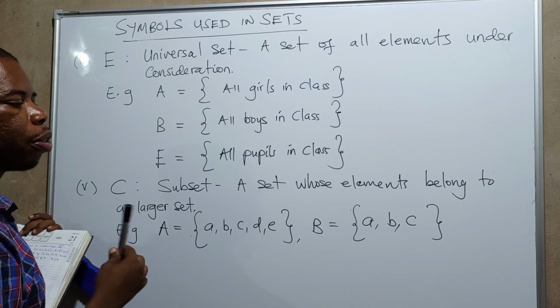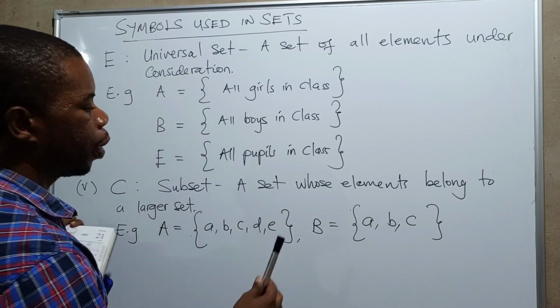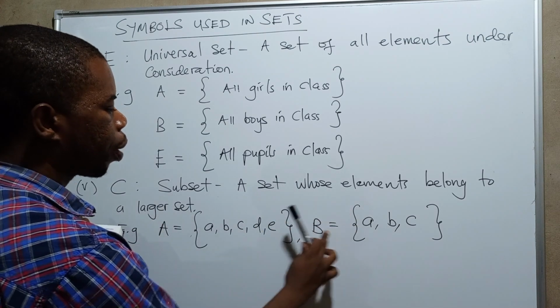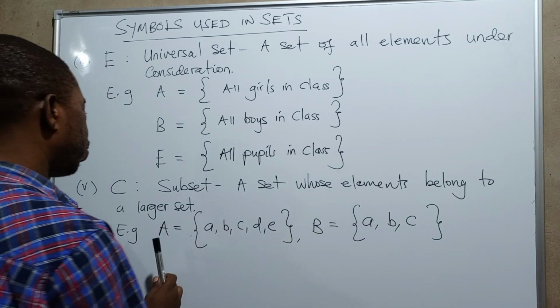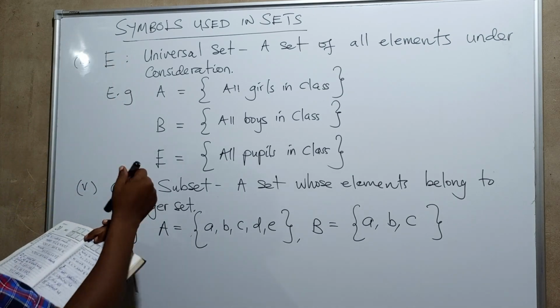So that's what a subset can mean, because set B can be created out of members which are in set A. So what did I say?